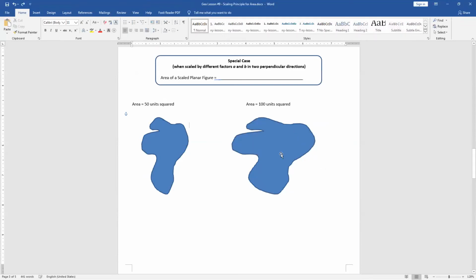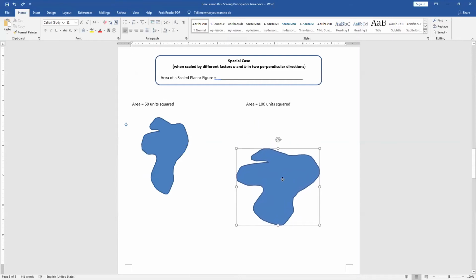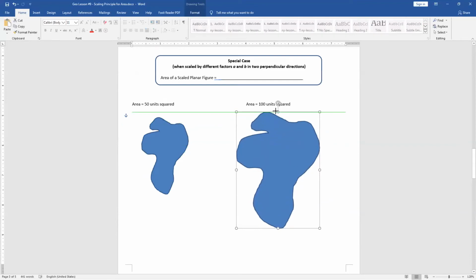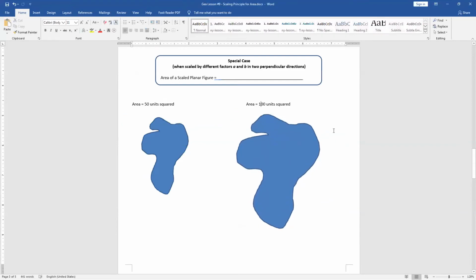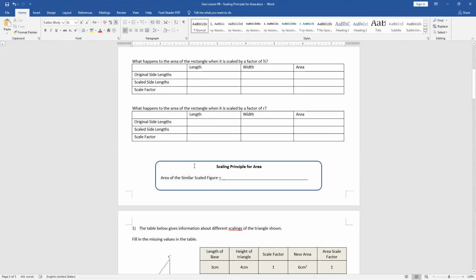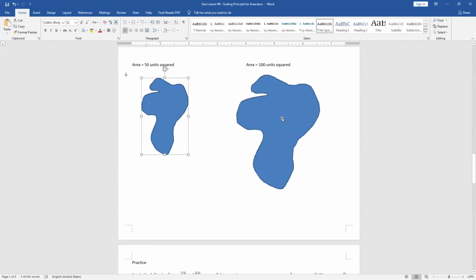All right, so let's go back to that. So that's 100. I just scaled horizontally by a factor of 2. I can also scale vertically by a factor of 2. Right? And when I do that, that's our original case, when I scale by the same amount in both directions. In other words, these shapes are similar.